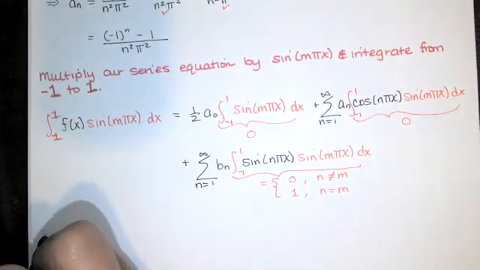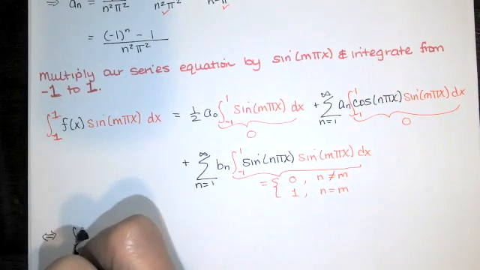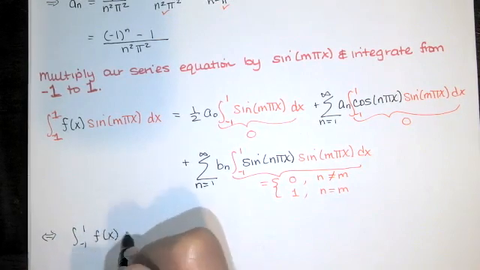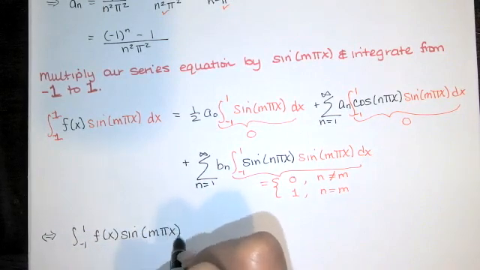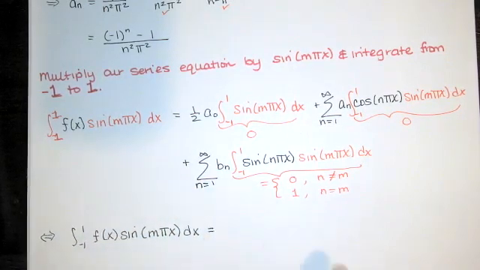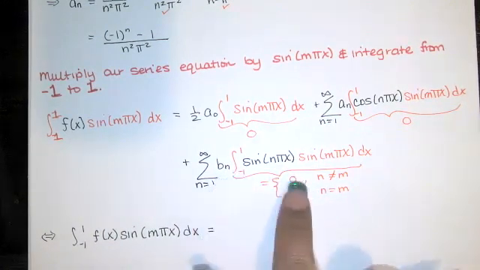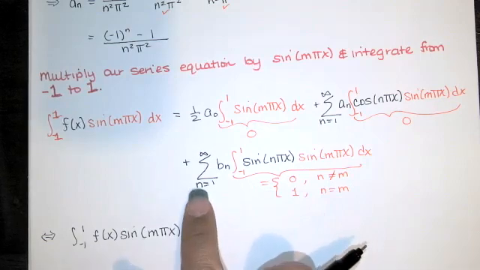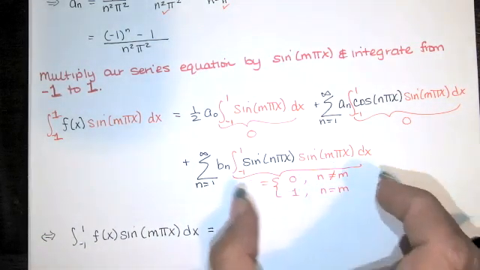So we have this, the integral from -1 to 1 of f of x times sine of m pi x is equal to this, which is going to be 0 most of the time from n equals 1 to infinity, except for when n equals m. Then this will just be a 1.